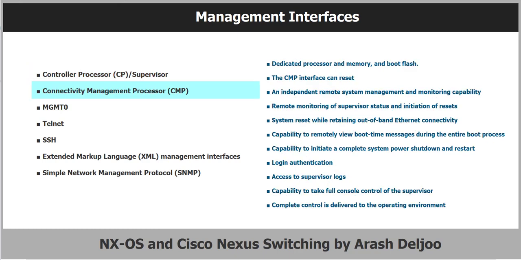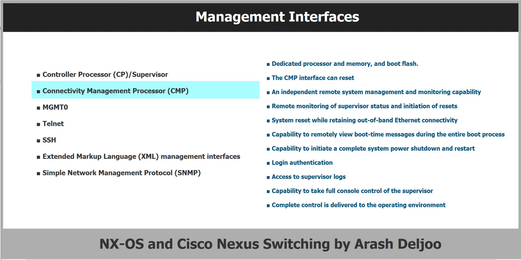Alright, about the CMP, or connectivity management processor. The supervisor incorporates an innovative dedicated connectivity management processor, CMP, to support remote management and troubleshooting of the complete system. The CMP provides a complete out-of-band management and monitoring capability independent from the primary operating system.